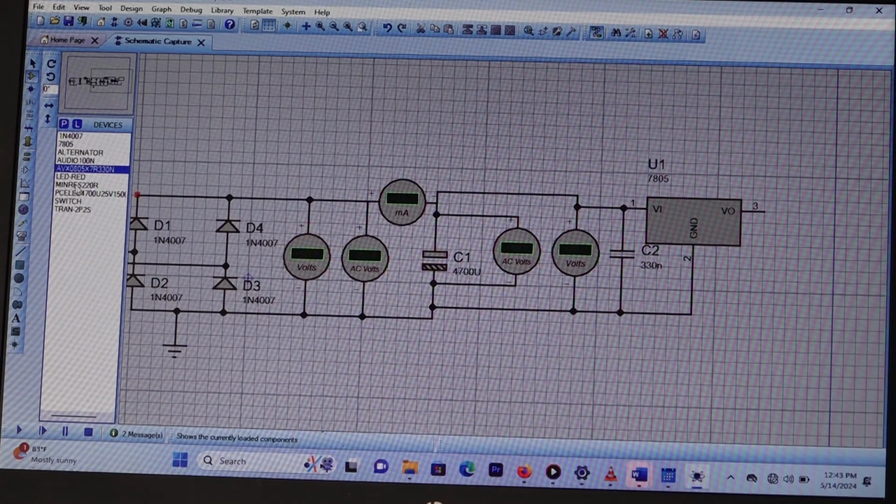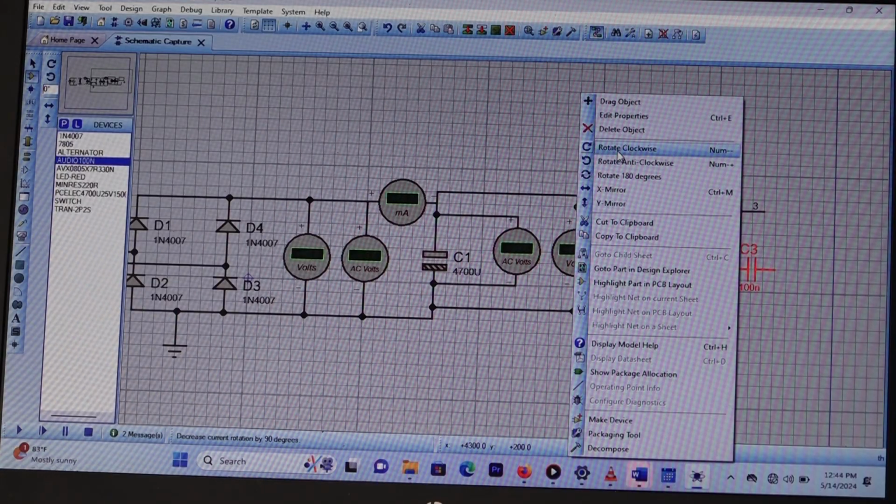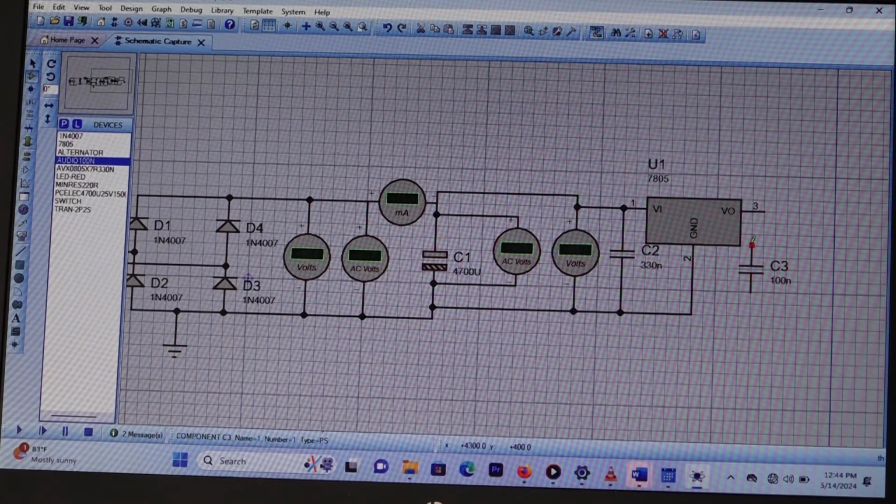Then we need another capacitor whose capacitance is 10 nanofarad. Let us rotate it. So we have our voltage regulator unit.